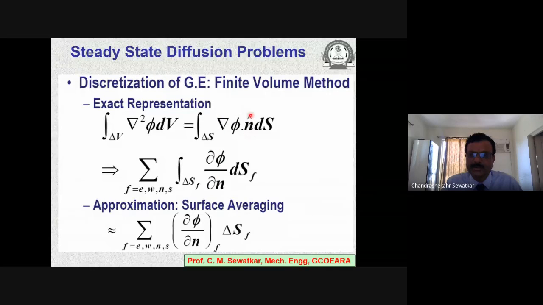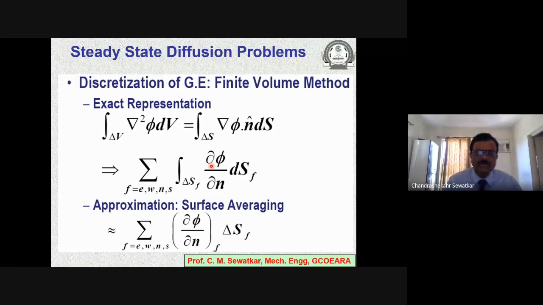This gradient has to be taken in the normal direction, into dS_F. Again, dS_F is either dS_E, dS_W, dS_N, or dS_S. So what is done? The volumetric integral is converted into a surface integral. The surface integral is divided into 4 different areas and then summed up together to obtain this equation. So this is the exact representation of the integral form of the equation.